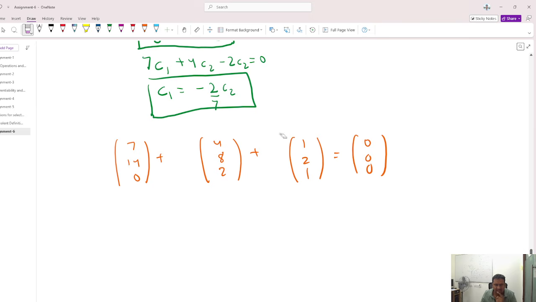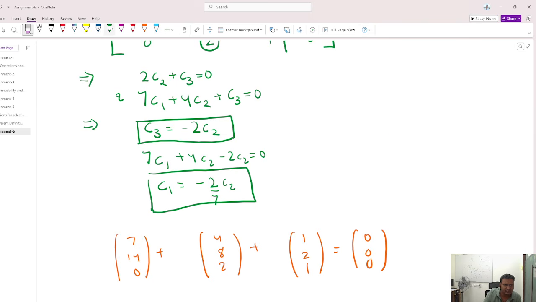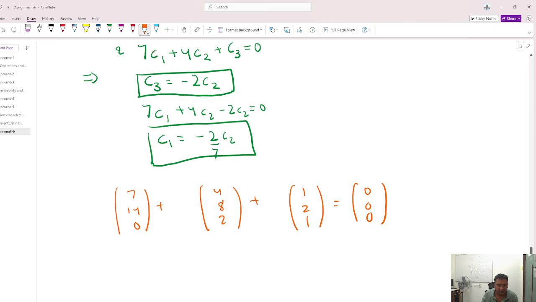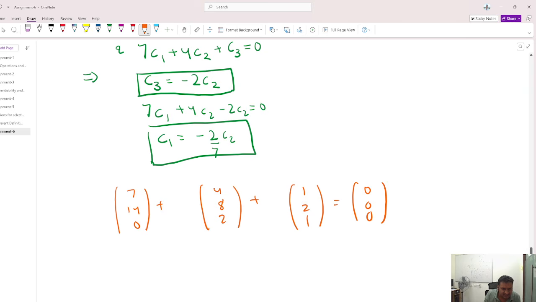So what you have here, guys, is this thing. C1 is your, let's write it with the green color, minus 2 by 7 C2.